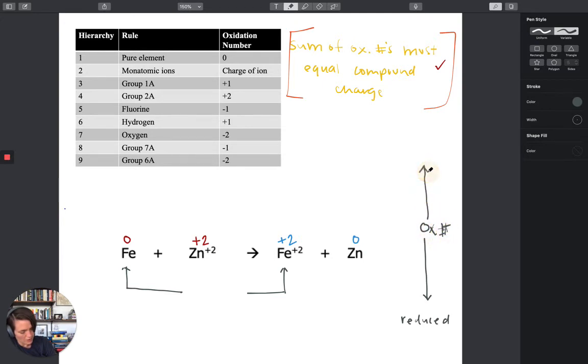If your oxidation number goes up, you were oxidized. Why? Because if you lose electrons, oxidation is loss. You lose electrons, you become more positive, right? If you gain electrons, reduction is gain. You go down in oxidation number, you become more negative, more like an electron, which is a negatively charged particle.